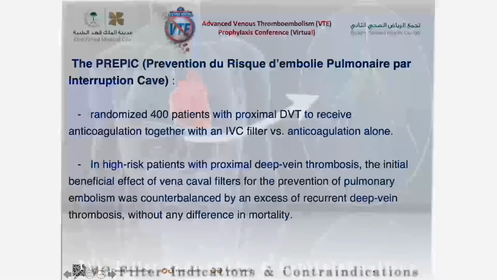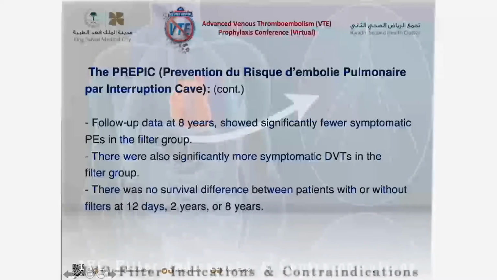This study continued for more than 8 years, and the follow-up data at 8 years showed significantly fewer symptomatic PEs in the filter group. However, there were significantly more symptomatic DVTs in this group. There was no survival difference between the patients with or without filter at 12 days, 2 years, and 8 years.